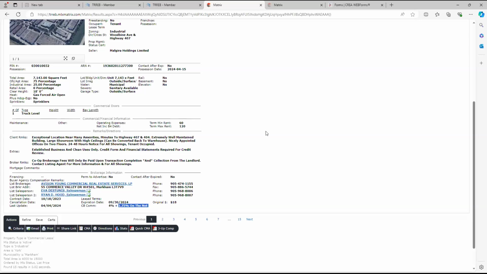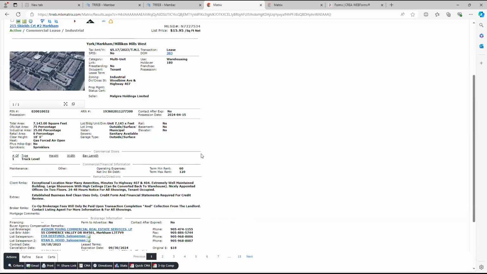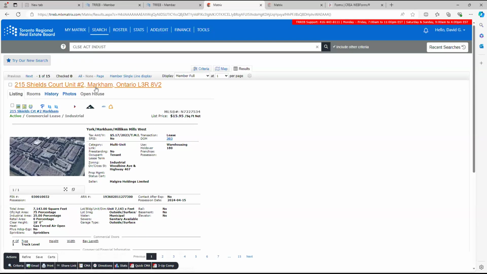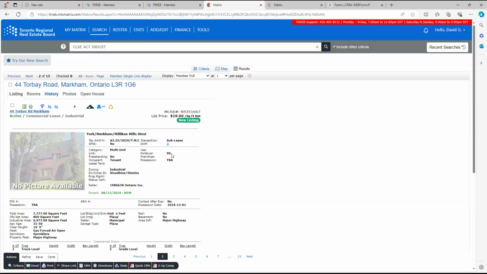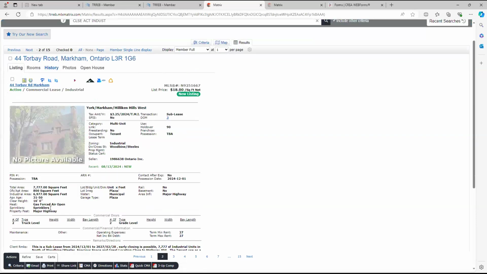It's one listing. Okay, let's go to the next one quickly and see any difference. Another listing looks like the price is okay, GMI is okay, square footage as well. Look at here, the area, they have 800 square feet for the office only. The rest, you see, is industrial.